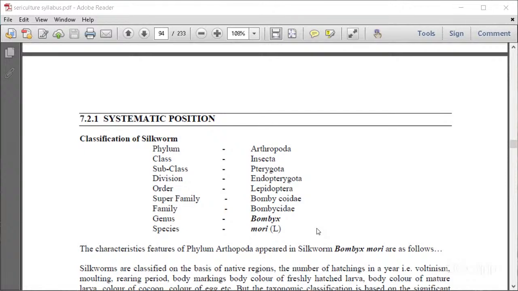Silkworms belong to the class Insecta of the phylum Arthropoda, since the insect's body is divided into head, thorax, and abdomen. The body has a specific number of segments. The typical insect has 6 segments in the head, 3 in the thorax, and 11 in the abdomen.